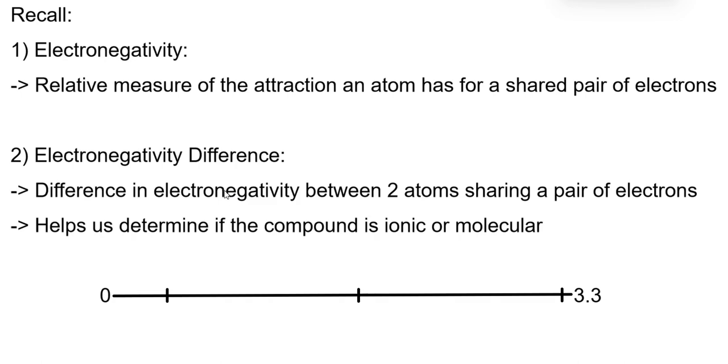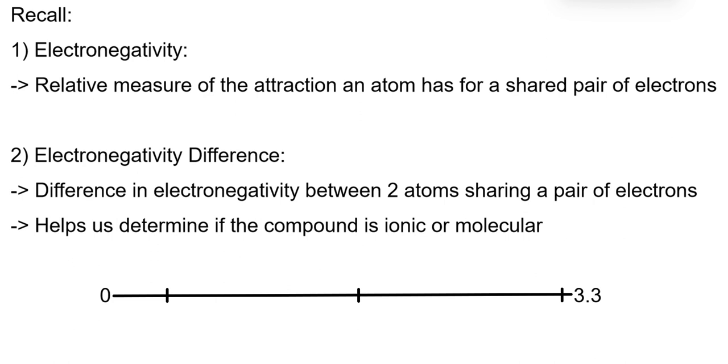The other thing we need to recall is the electronegativity difference. This is the difference in the electronegativity values of the two atoms that are sharing the electrons. Generally, this helps us classify compounds as either ionic or molecular. We'll take a quick run through some examples to refresh your memory.